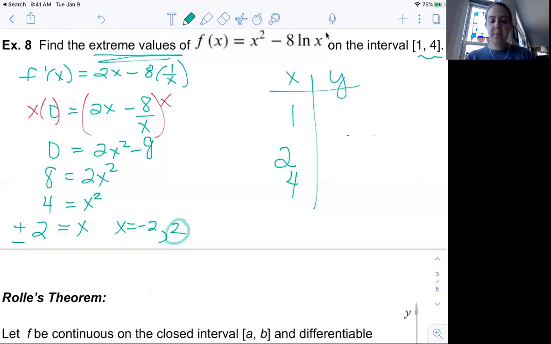If I go over to the table, now we get decimal values on this one. That's okay. When x is equal to 1, y is equal to 1. When x is equal to 2, y is equal to -1.545. And when x is equal to 4, y is equal to 4.909.